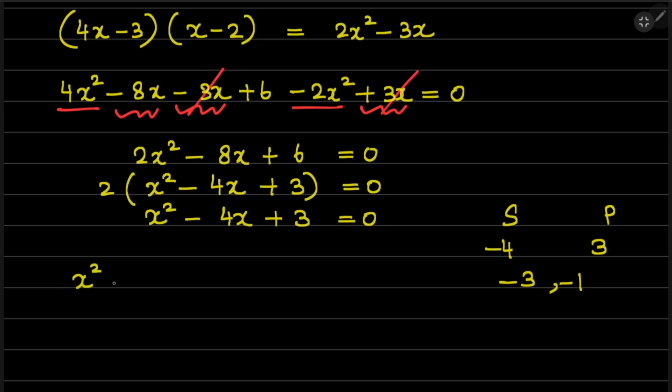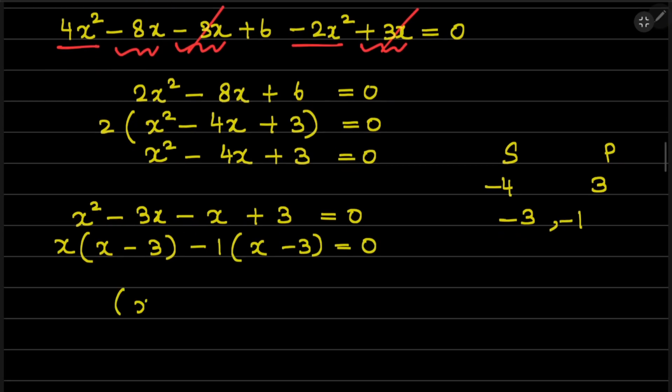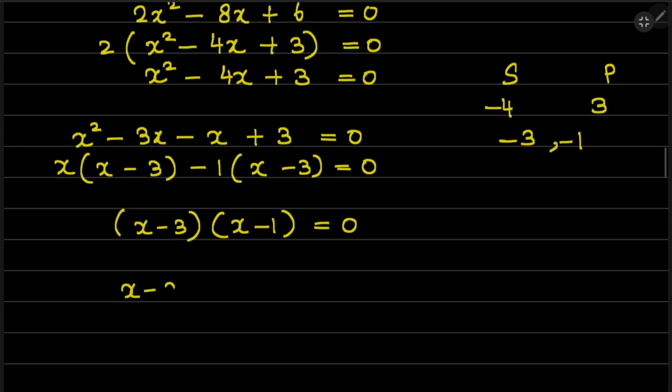So let's do middle term splitting. x square minus 3x minus x plus 3 equal to 0. Take x common out, you have x minus 3, minus 1 common out, again x minus 3 equal to 0. So between the two terms, you have x minus 3 multiplied by x minus 1 equal to 0. So either x minus 3 equal to 0, which is x equal to 3, or x minus 1 equal to 0, which means x is equal to 1.